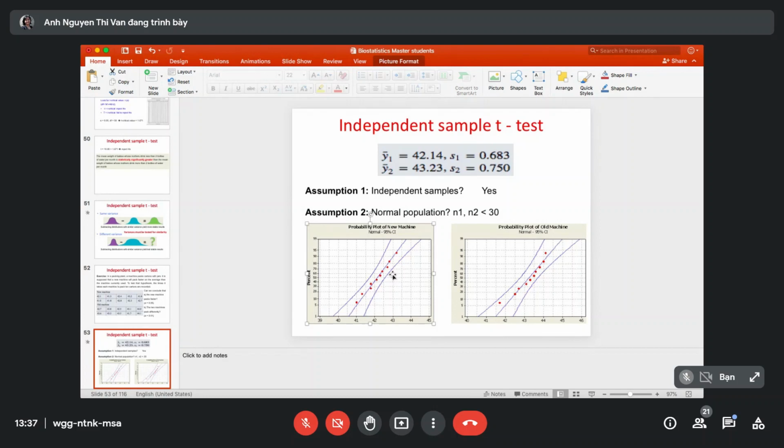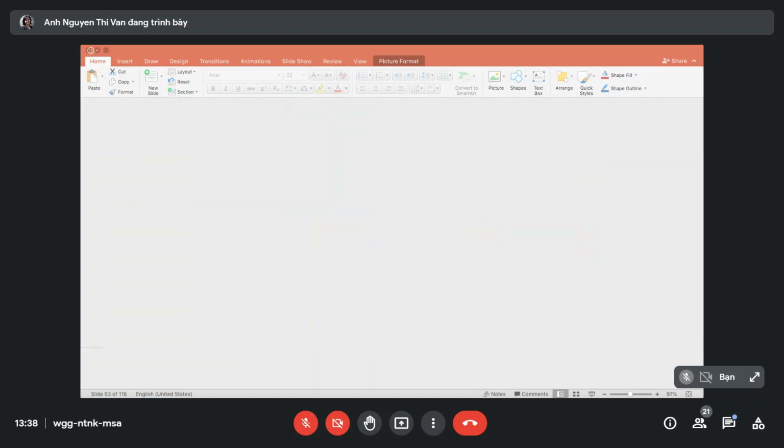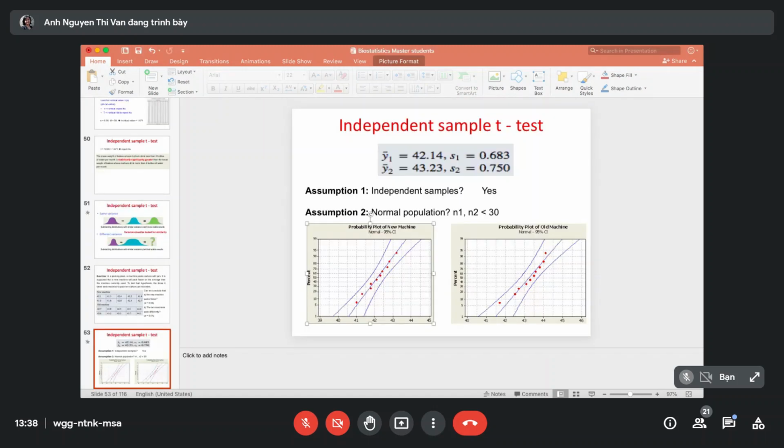We have several methods to check the normal distribution, okay, and you can apply any of them. And here is a box plot, okay. So if you look at this box plot, what can you explain? Trần Nam Khang, are you there? Okay. Yes.